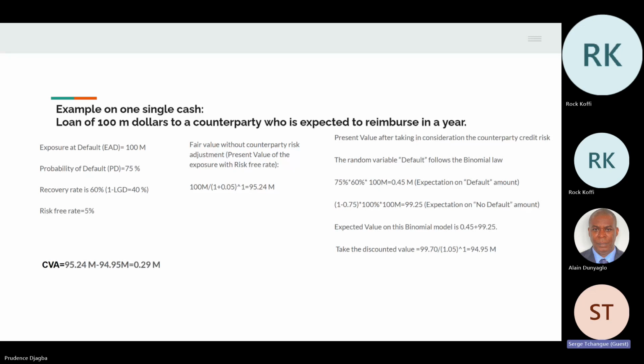You need to identify what probability to use. In this example you have the default probability of 75% or whatever for Total, but you need to know the default probability of Barclays, and you need to know your exposure. Your exposure could be whatever you've calculated here, let's say 95 million.